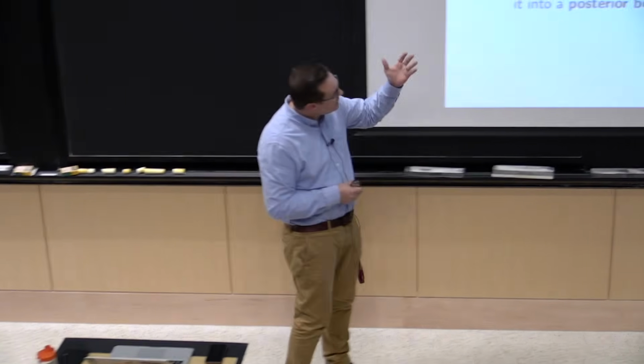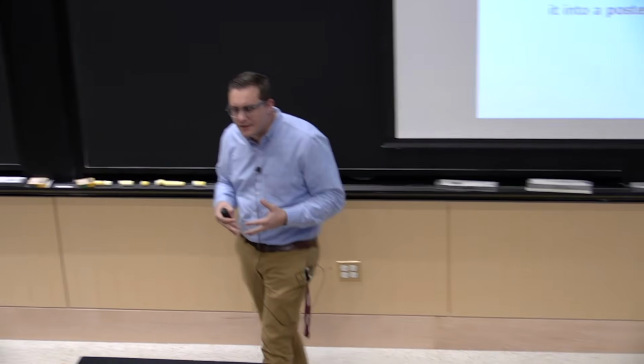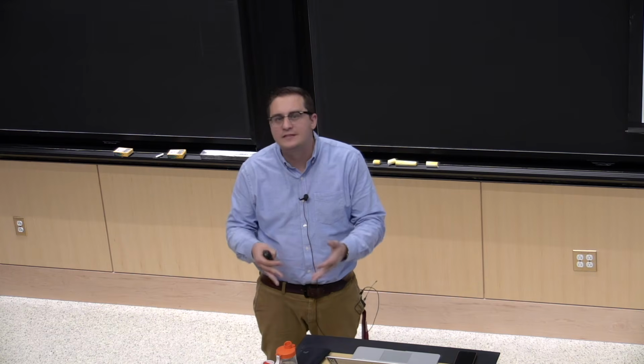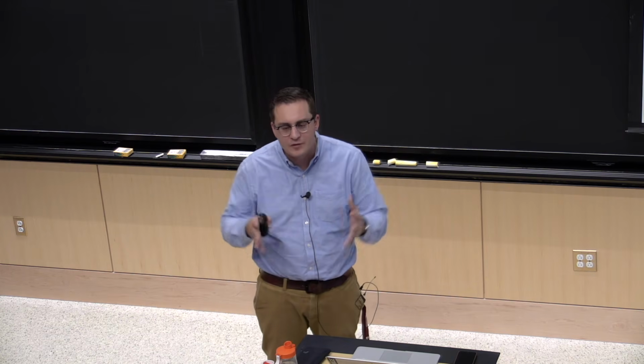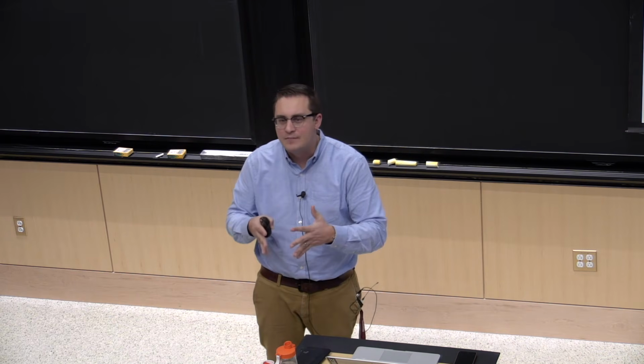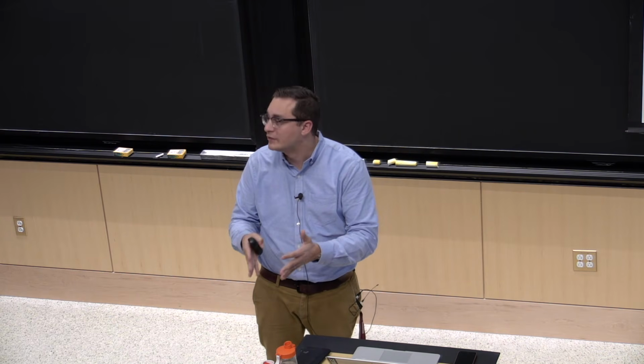And so the idea is to have this prior belief, and then update it into what's called a posterior belief after we've seen some data. Maybe I believe that something should be in some range, and after I see data, it's comforting me in my belief. So a belief encompasses basically what you think and how strongly you think about it.